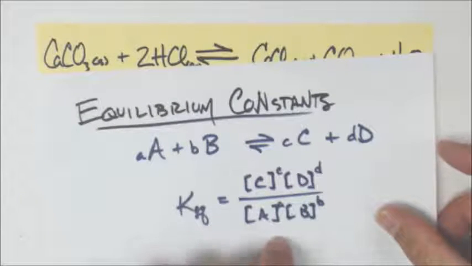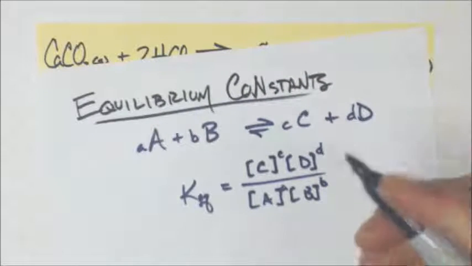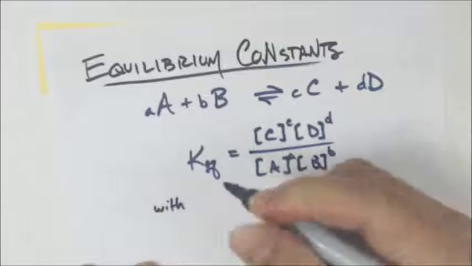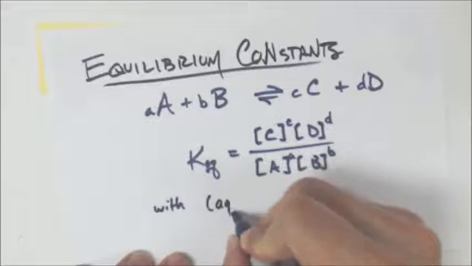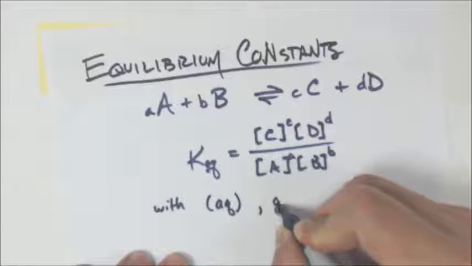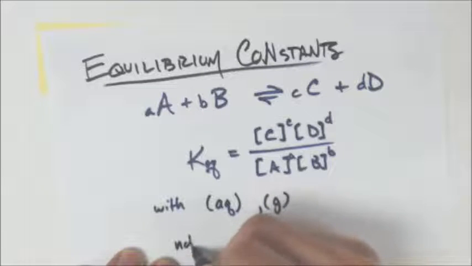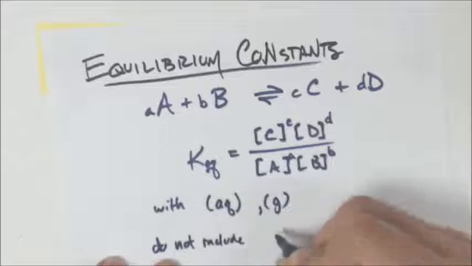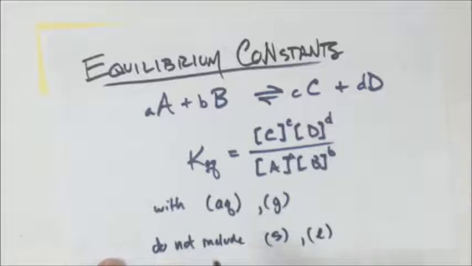But another important point here is that we only do these equilibrium constants with those substances that have changeable concentrations. Those are things that are aqueous and gaseous states of matter. Do not include those things that are pure solids or pure liquids. So we're just going to stick with those things that are gases and aqueous.